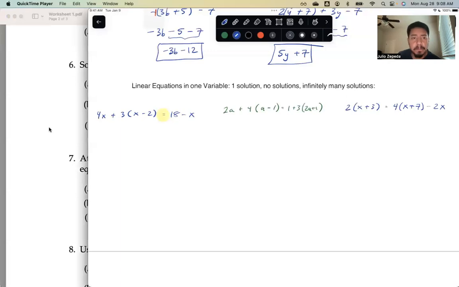And the way that we could do that is by simplifying each expression on each side. So on the left-hand side, we could distribute. So this gives us 4x plus 3x minus 6. On the right-hand side, there isn't really anything to do to simplify, so we'll just leave that the same. Again, on the left-hand side, I can combine the 3x and 4x.